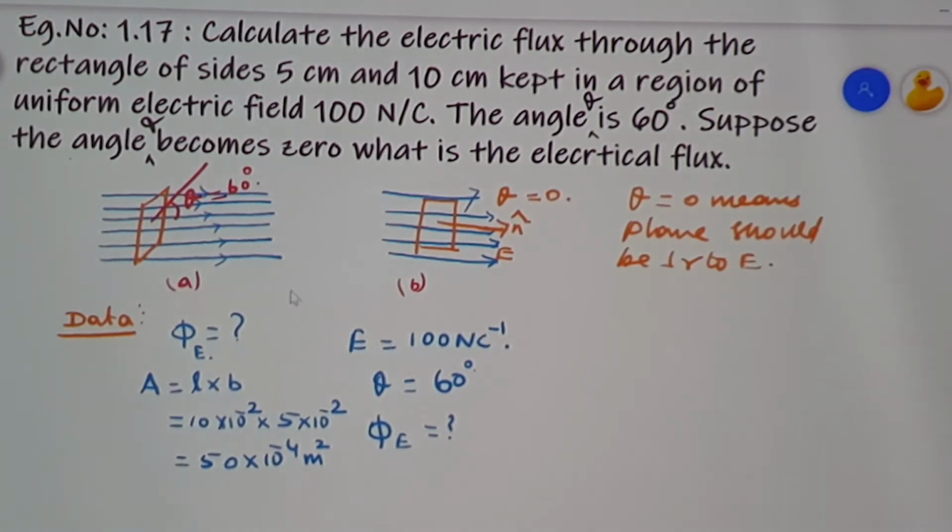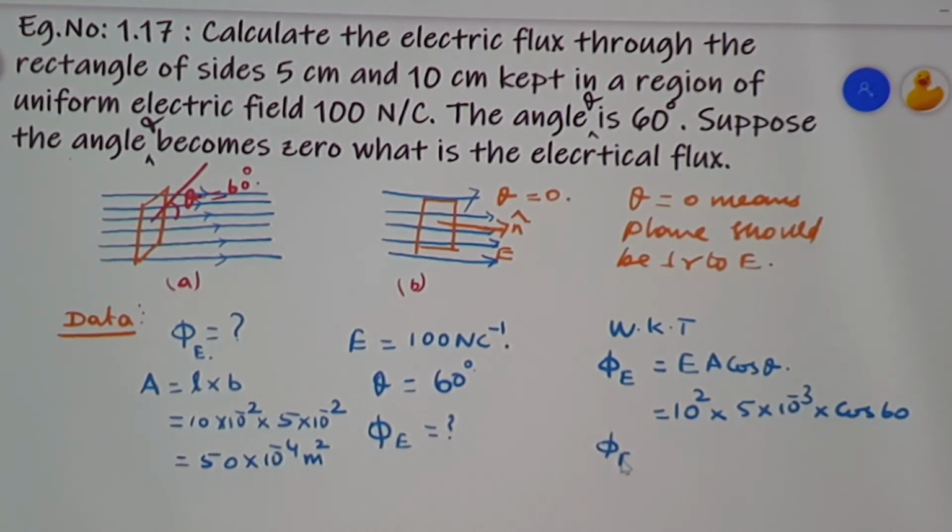Let us solve it out here. We know that electrical flux phi E is equal to E into A into cos theta. So what is E? It is 100, or I can write 10 to the power of 2. Again 50 into 10 to the power of minus 4 can be written as 5 into 10 to the power of minus 3, into cos 60. Cos 60 is nothing but 1 by 2.